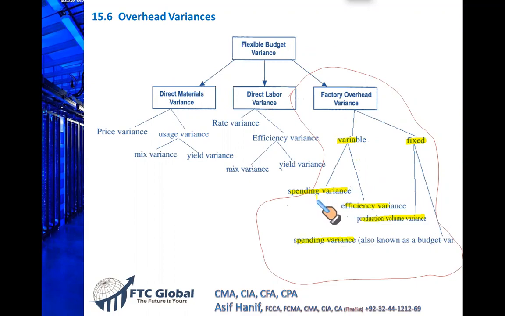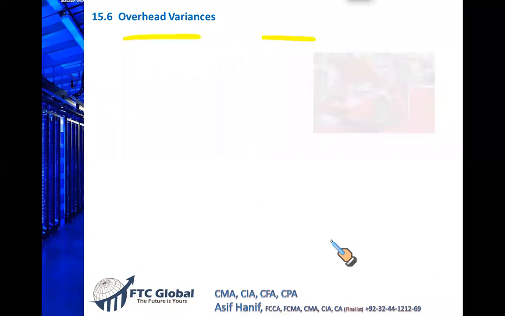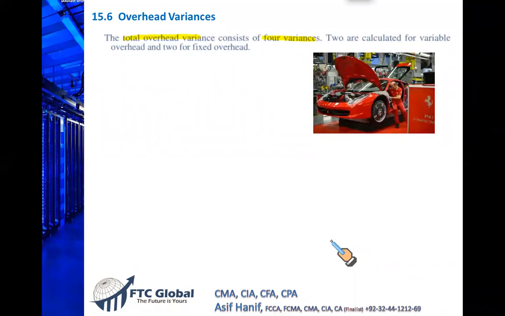So this is your variance 1, 2, 3, and 4. We are going to discuss them all with their formulas. We'll solve many questions that will explain the concept to a finer detail. These four variances, 2 are related to variable overheads and 2 are related to fixed overheads.